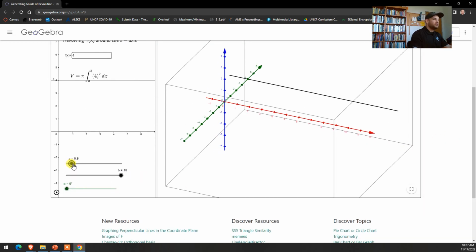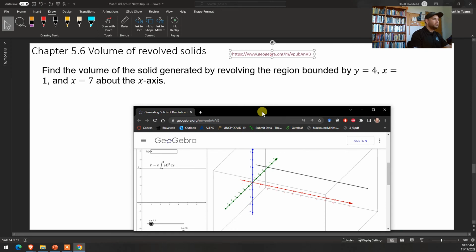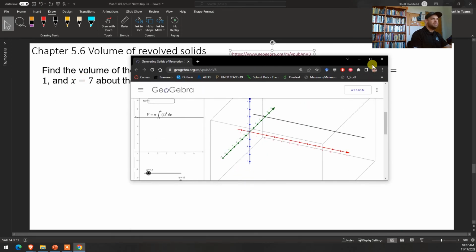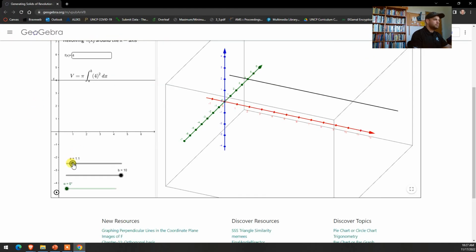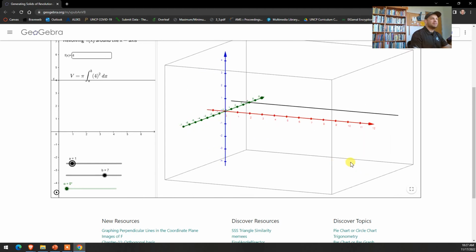And we're supposed to start at 1 and end at 7. Now let's revolve our object about the x-axis.